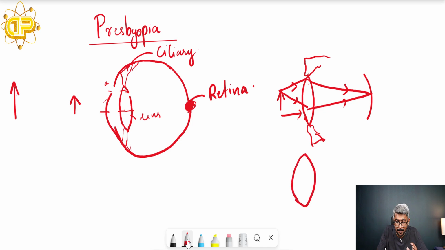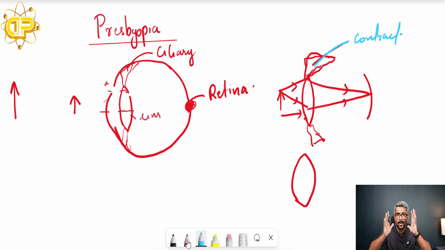And how can it happen? It can happen by this particular ciliary muscle. These ciliary muscles will contract so that they push this eye lens from both sides, this way and this way. As a result, the thickness of the eye lens will increase.